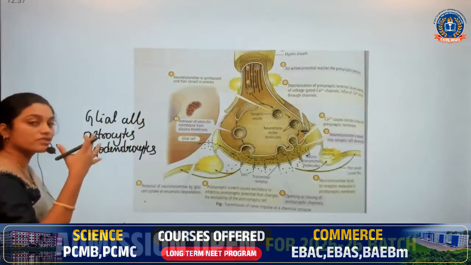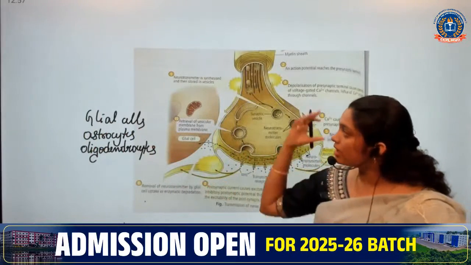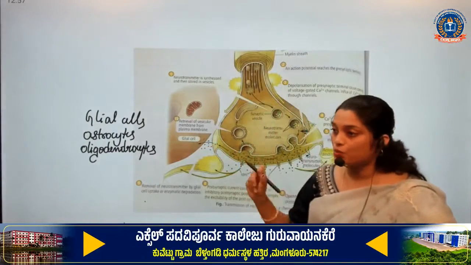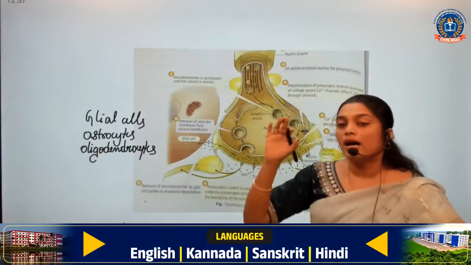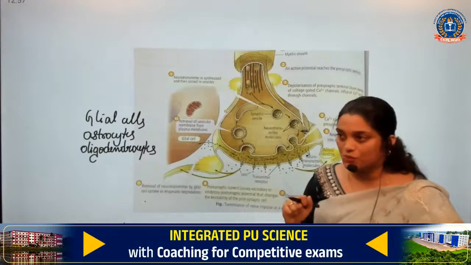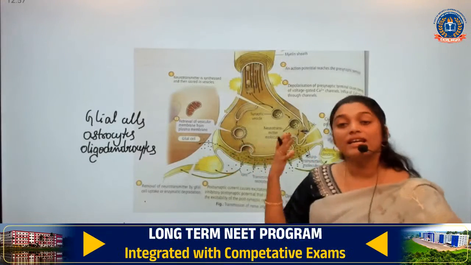All these kinds of cells together comprise the nervous system. So whatever excess neurotransmitters there are, be it acetylcholine or GABA, after sending the signal, if these neurotransmitter molecules are still there, they should be removed from the synaptic cleft region.